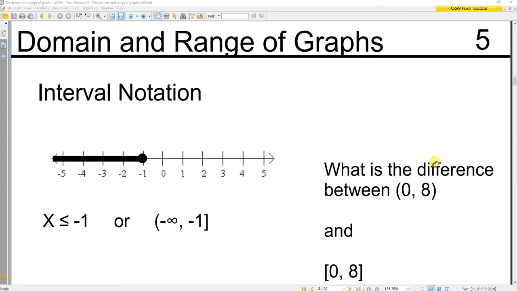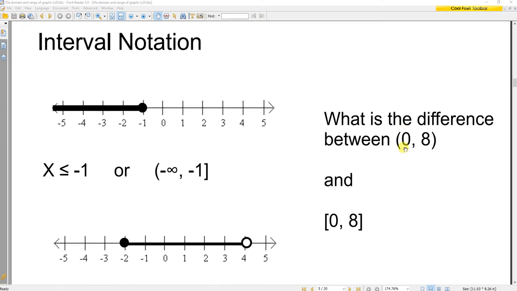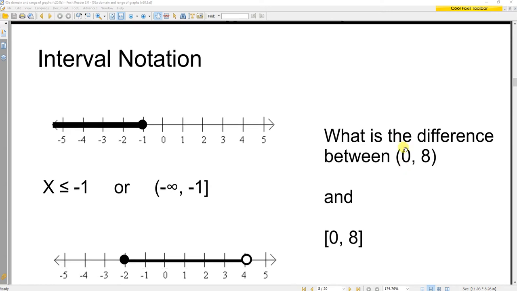So we're going to learn a new thing. It's called interval notation, and it's kind of how to show things on a number line in a new way. So let's get this into our notes also. Interval notation.